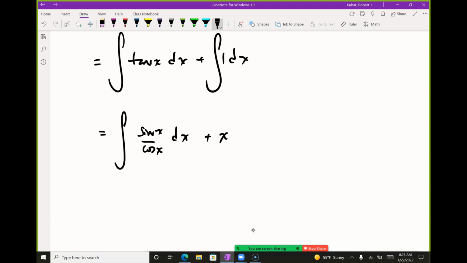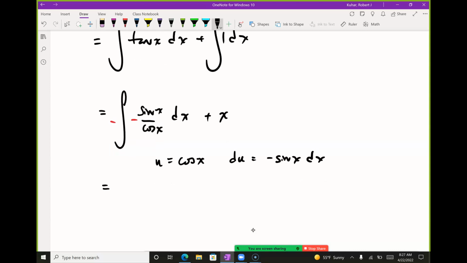So what do I get here now? I get u is cos of x. Clear downstairs, right? du is, the derivative of cos is what? Negative sine. So I need the negative, and I cancel the negative. So it looks like I have x minus the integral of 1 over u du.